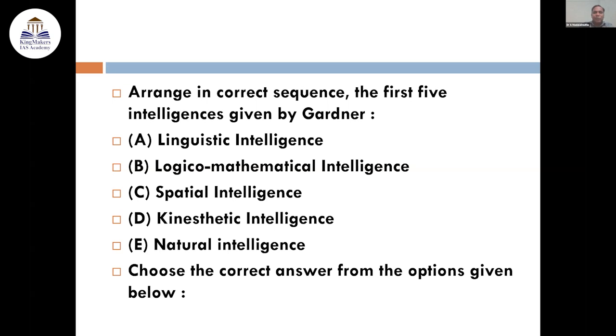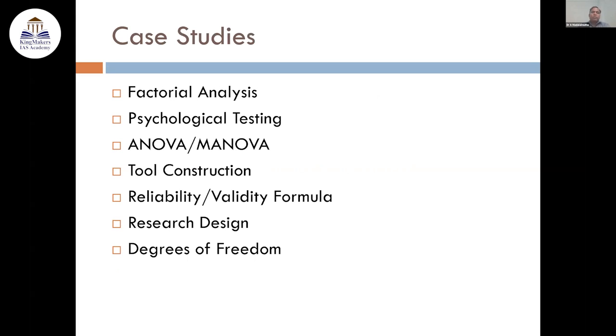The way the question is framed depends, but it's not that we need to completely ignore facts. Similarly, questions are asked from theories of personality, human development, emerging areas, and social psychology. All those 10 topics we will be addressing.